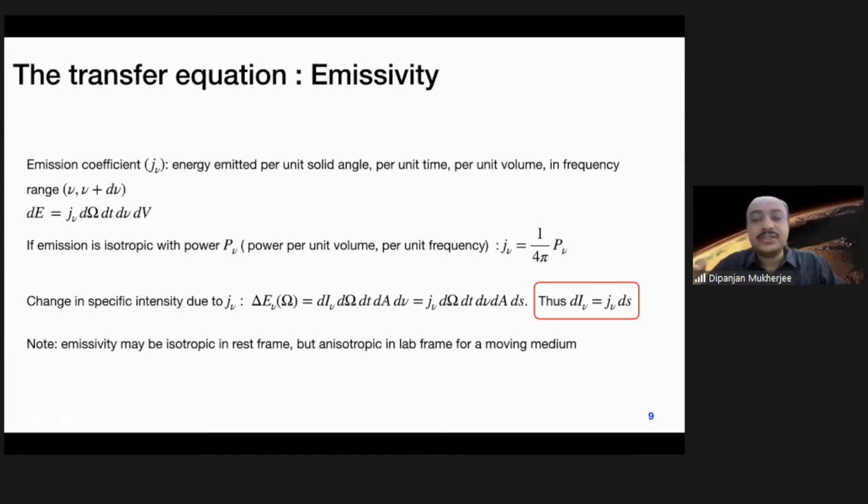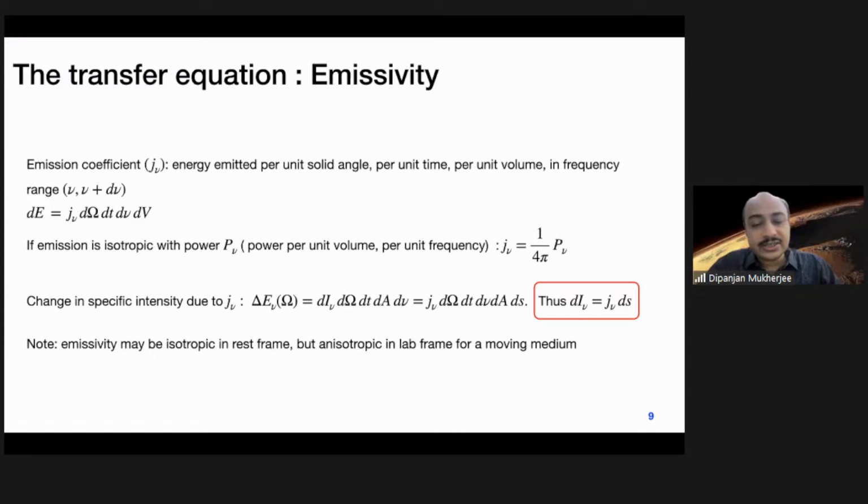Emissivity and emission coefficients are two different things, because there are slight differences in how you create the definitions. So this is the emission coefficient, small j nu, and it is the amount of energy emitted per unit solid angle, per unit time, per unit volume, per unit frequency.